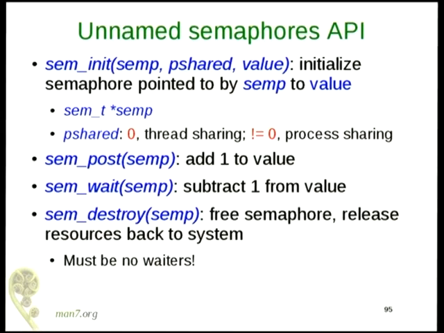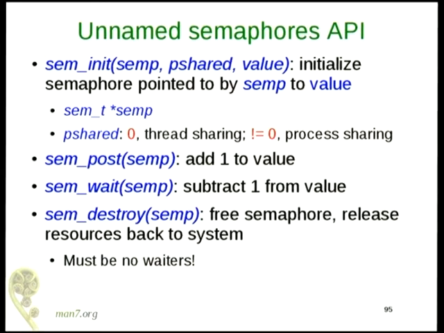You can either say, well, this semaphore is going to be shared between threads, so I specify 0 here, or it's going to be non-zero, which means I share between processes. Depending on what you're wanting to do, this is a hint to the kernel, which may help it optimize the use of the semaphore, depending on whether you're sharing between processes or threads.